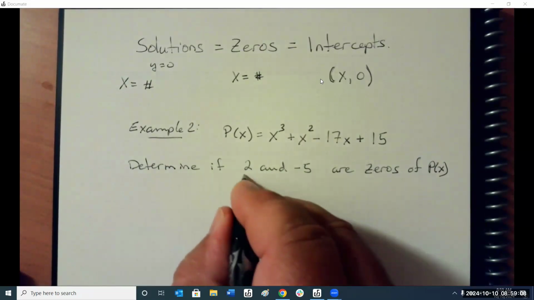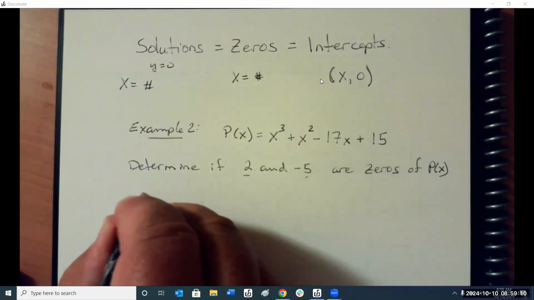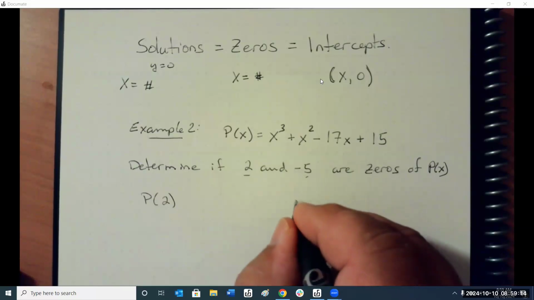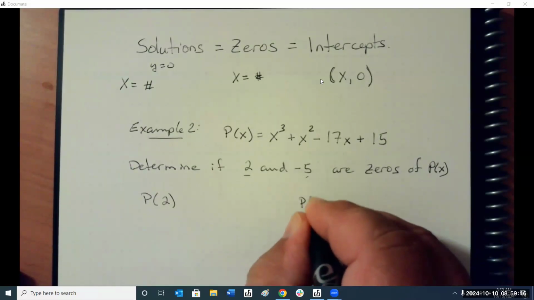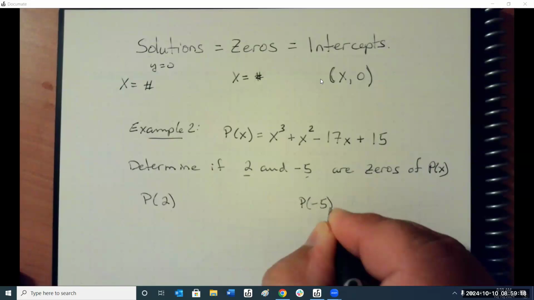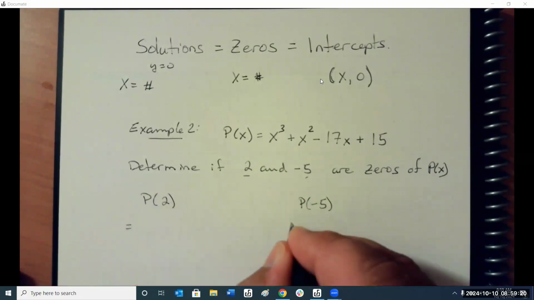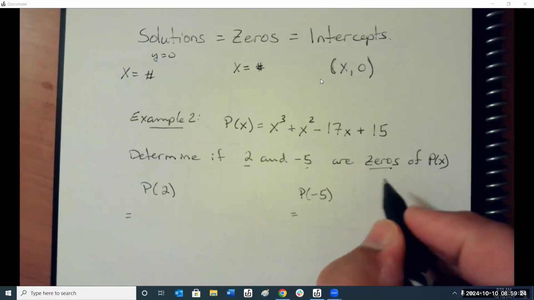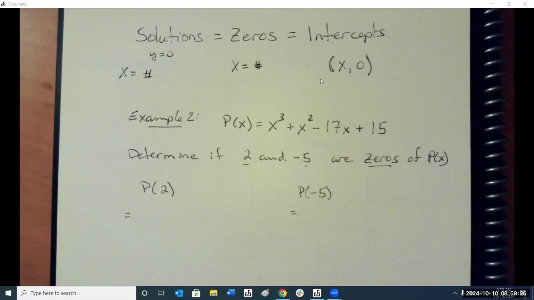So these are x values. What we're looking for is p of 2 and then p of -5. If they're zeros, then it'll equal 0.